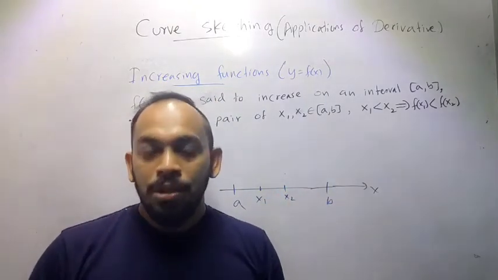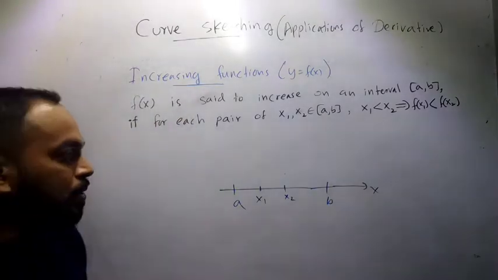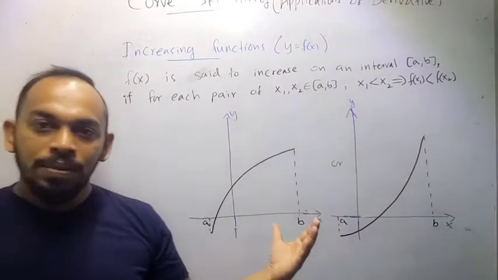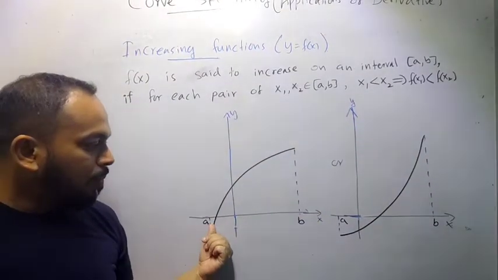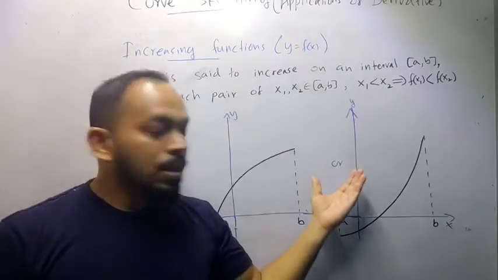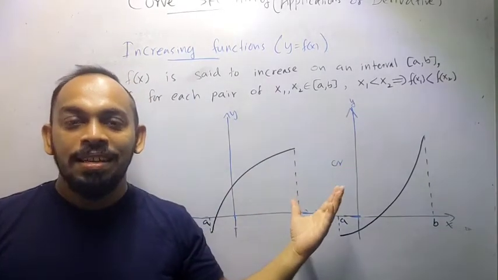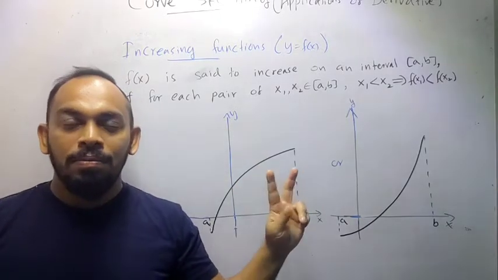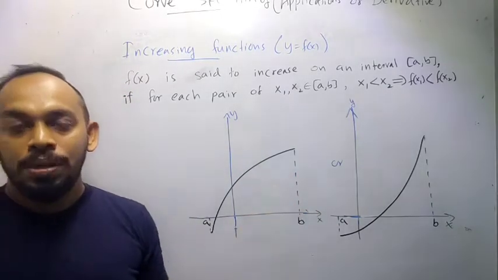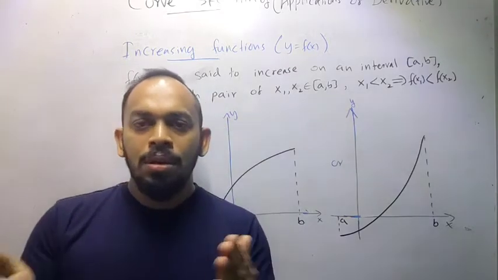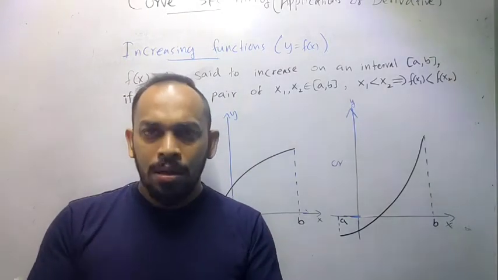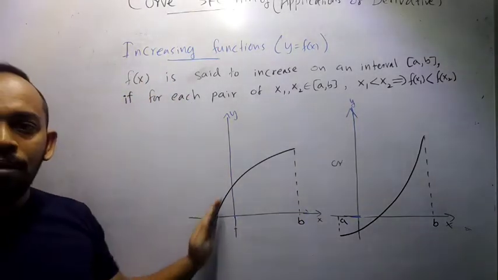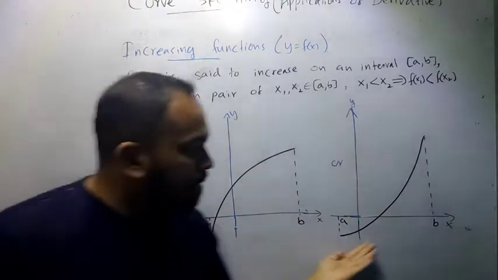So let me show you what it means using a graph. On an interval from a to b, a function can increase in two different ways, so the shape of the curve is different in these two ways. We will learn how to distinguish between these two shapes later in this course, but for now you should know that a function can increase in this manner or in this manner.